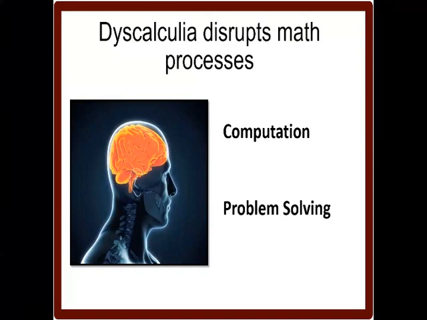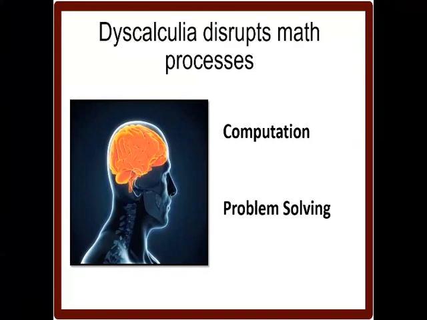So dyscalculia disrupts math processes in computation and problem solving. So you guys were spot on in the chat pod when you talked about basically rote procedures, basic multiplication, addition, subtraction, just the basic computation.